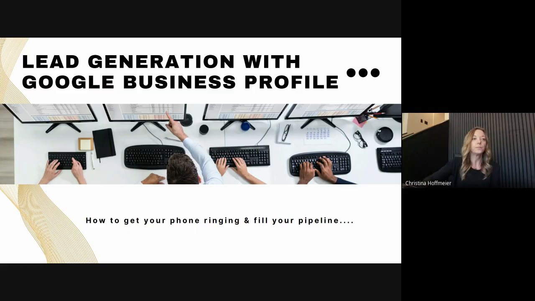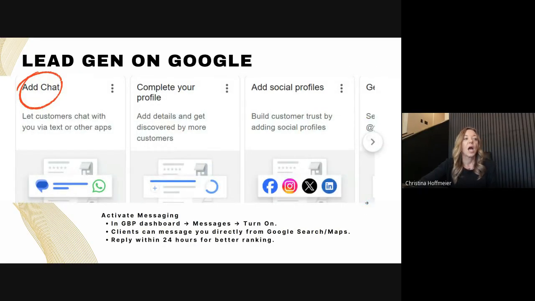Okay, all right. So let's talk about lead generation with your Google Business Profile. There are lots of things you can do to make sure you are getting all of your traffic, but one of the most important is to click add chat and activate messaging on your Google profile.